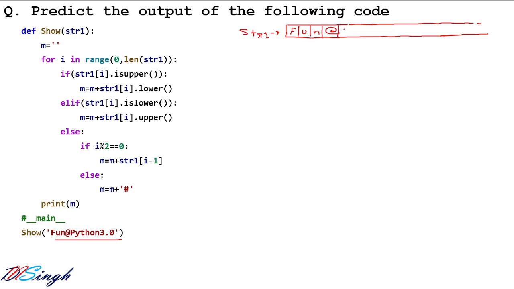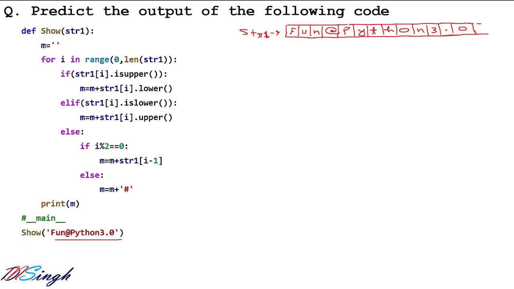After that, Python: P capital, y, t, h, o, all small, n, and 3.0. So this is our string which is being passed from the main function and stored inside the str1 variable.